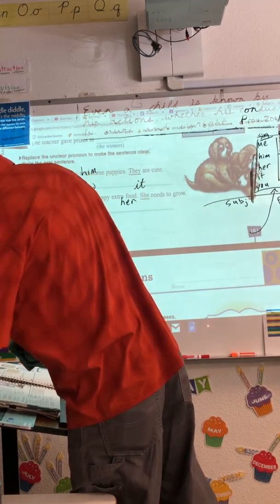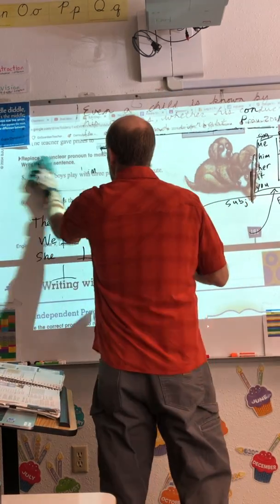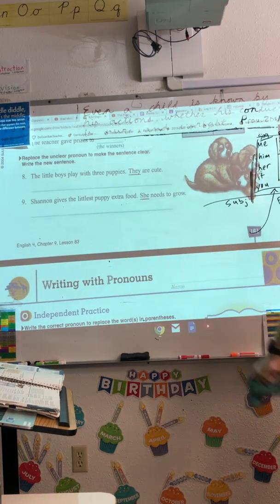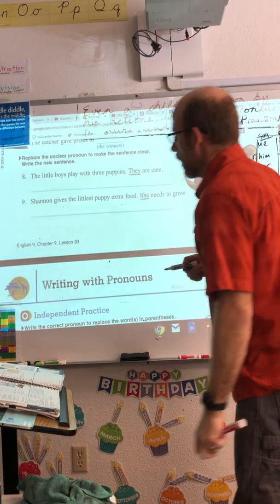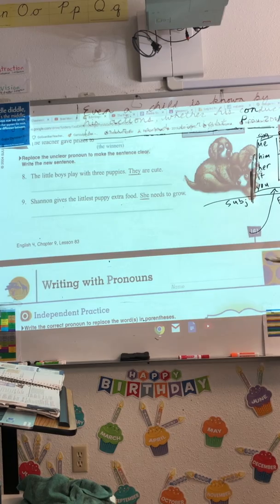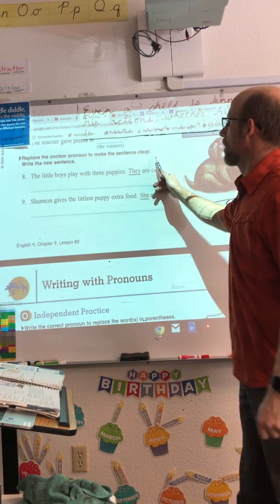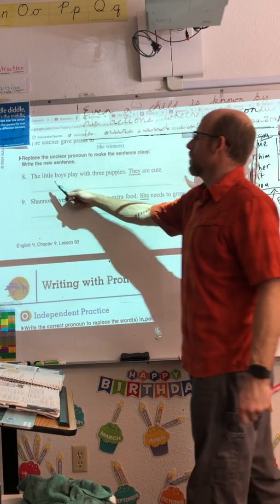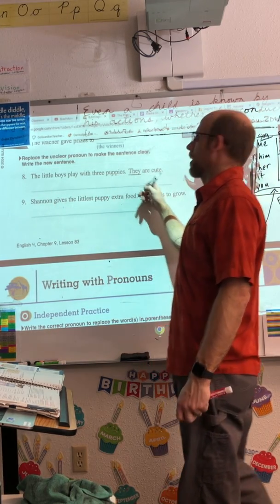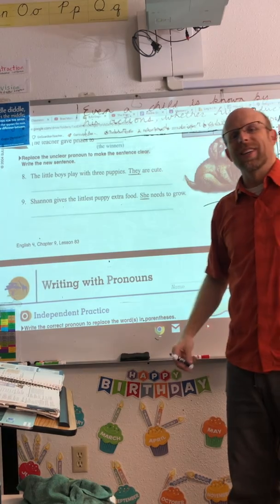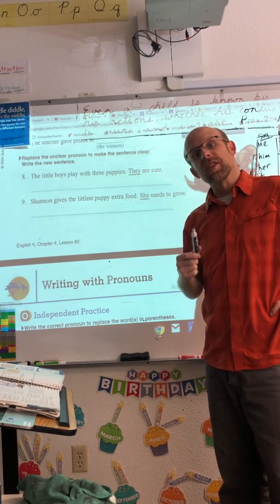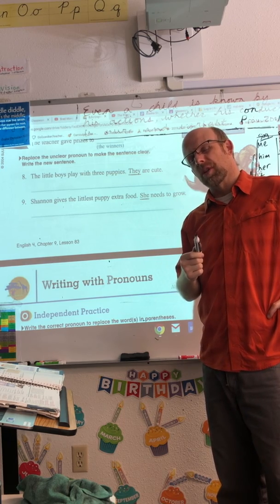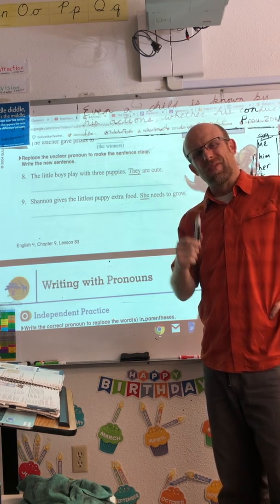All right, now I'm going to scroll it up. Numbers 8 and 9, and I'm going to need Reese and Sydney to help me with these. Here we go. The little boy, replace the unclear pronoun to make the sentence clear, write the new sentence. The little boys play with 3 puppies. They are cute. Sydney, you can't be calling little boys cute. If you were thinking it was about the boys, it shouldn't have been.